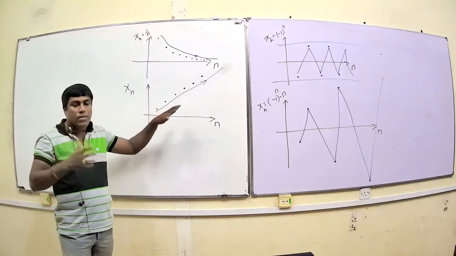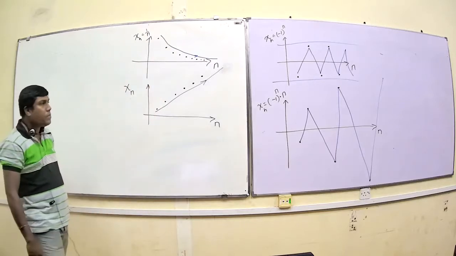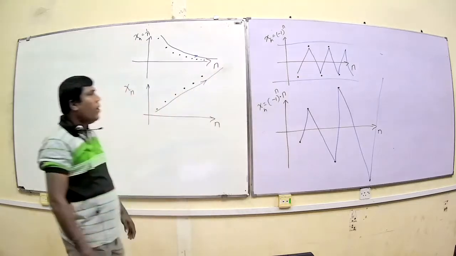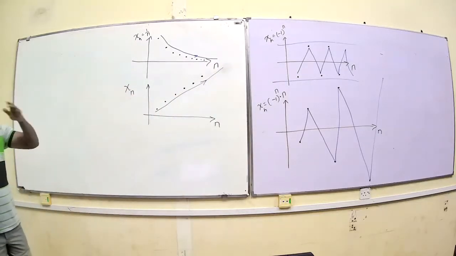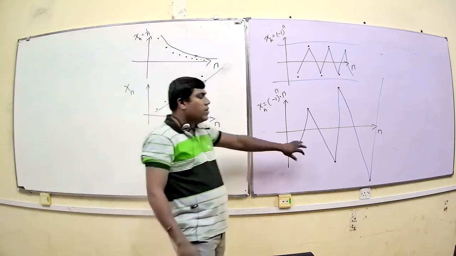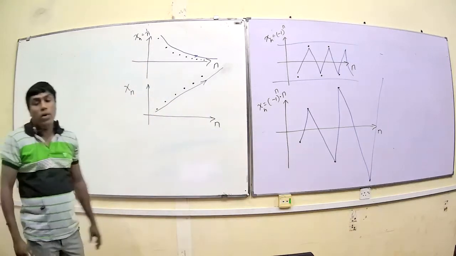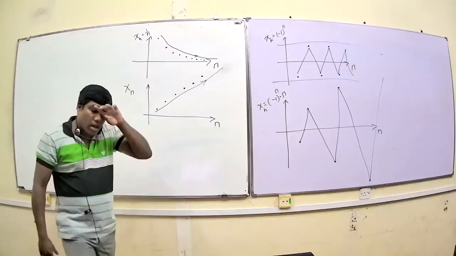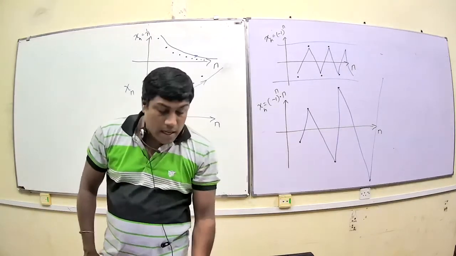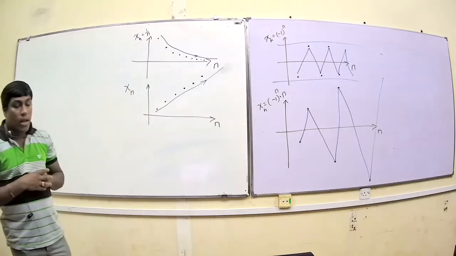A divergent sequence goes to an infinite limit. Finitely oscillating goes up and down, so no limit, but bounded, staying in between two values. Infinitely oscillating goes up and down, no limit, and expanding, so no bound as well. That is how we define the four types of convergence cases in a sequence.